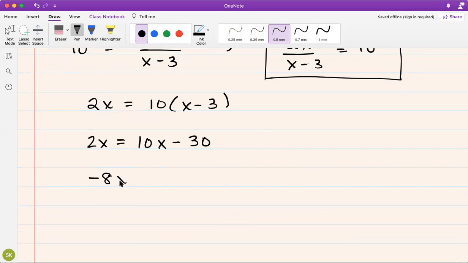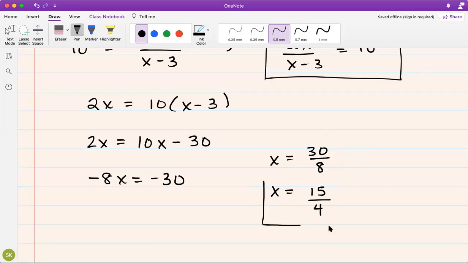So we get negative 8x is equal to negative 30. And x is equal to 30 over 8, which we can simplify. So this is equal to, if we divide by 2, we'll get 15 over 4. So let's leave it like that. x is equal to 15 over 4.